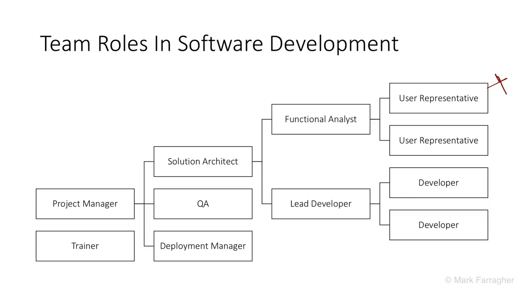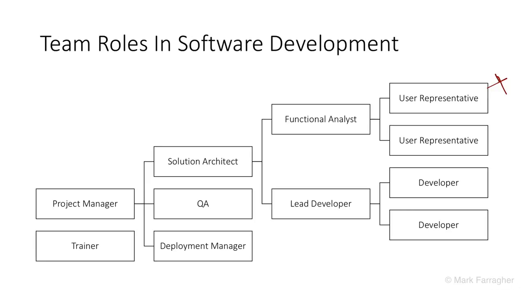They have a pressing need that needs to be resolved with software. So they will be the end user. Now, often you have a large group of end users in a company. So these people nominate one person to represent them. That's why I call them the user representative, because it's one person or two people representing a large group of end users.